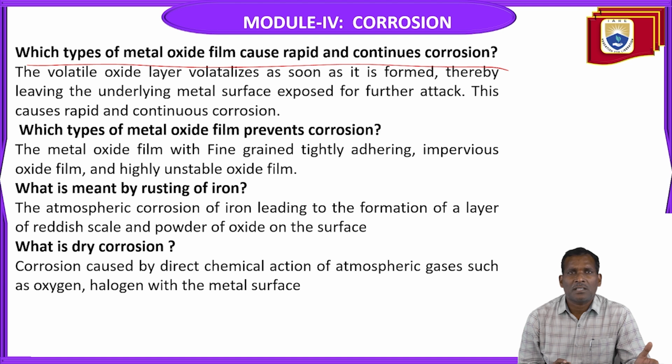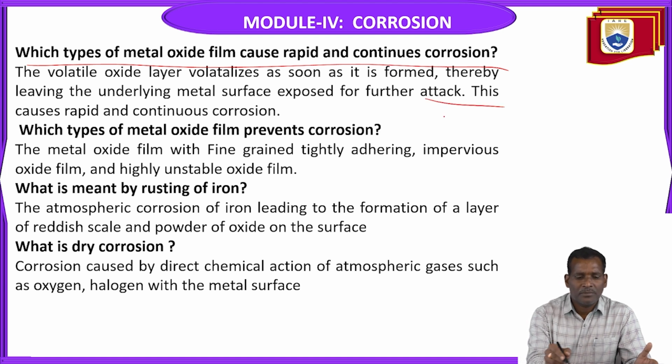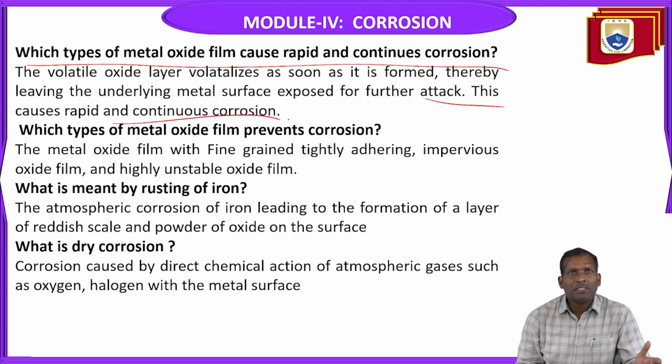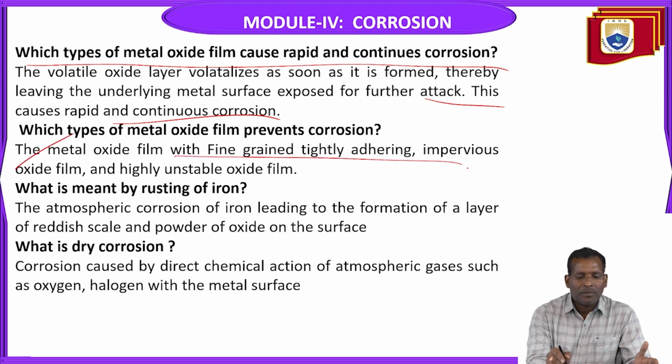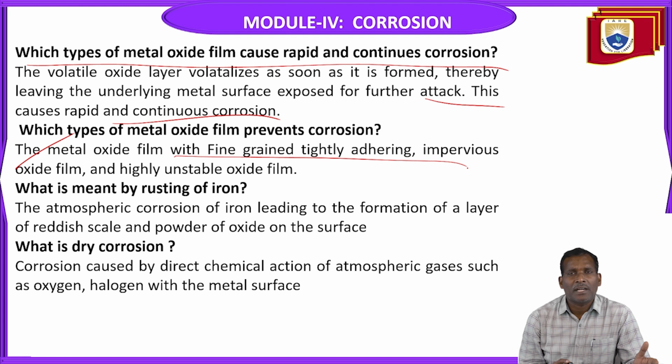So this causes rapid and continuous corrosion. Which types of metal oxide film prevent corrosion? The metal oxide film that is fine grained, tightly adhering, impervious, and highly stable. These are the types of metal oxide film that prevent the corrosion.